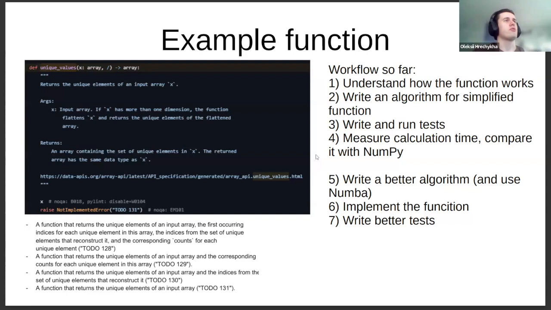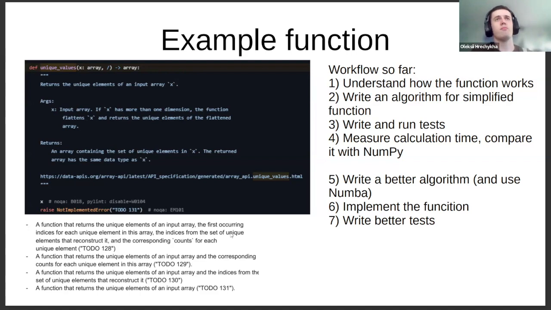This function must return the unique elements of an input array, and it's one of a number of functions which deal with uniqueness of elements in an array, and then they combine into one large function which has multiple parameters in it, let's say.